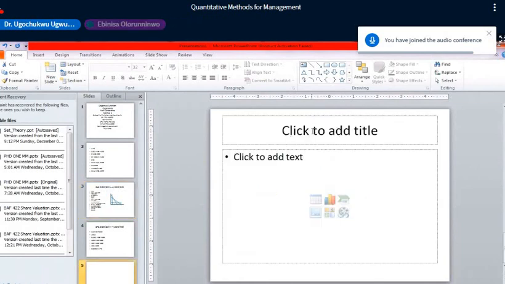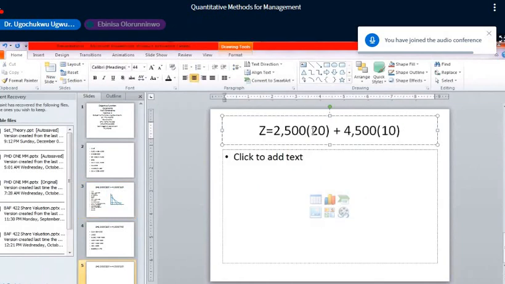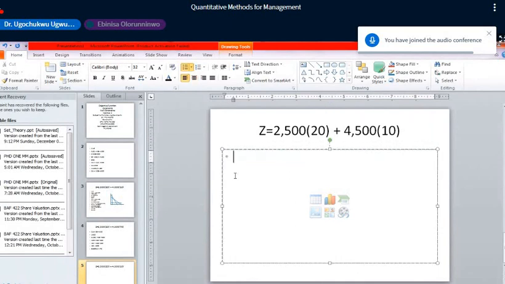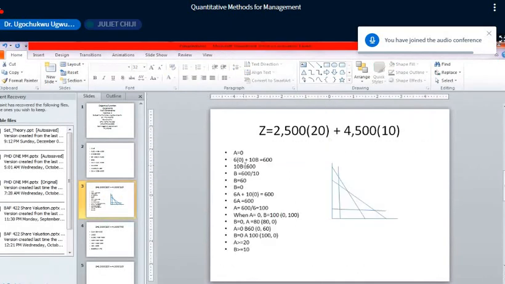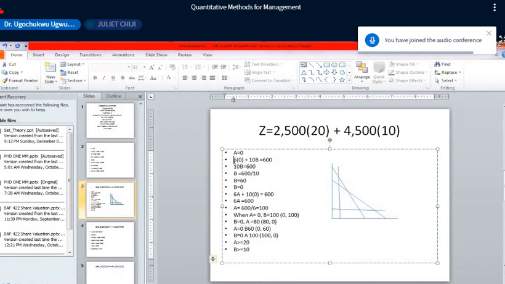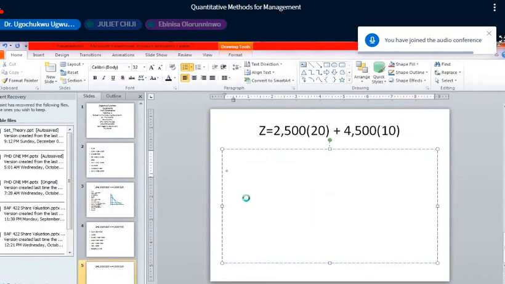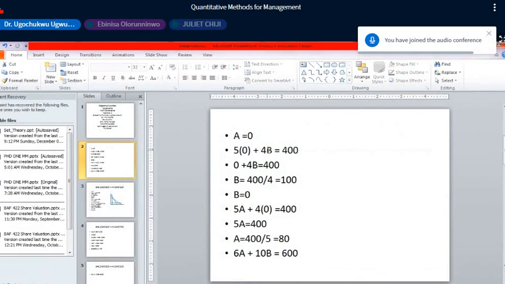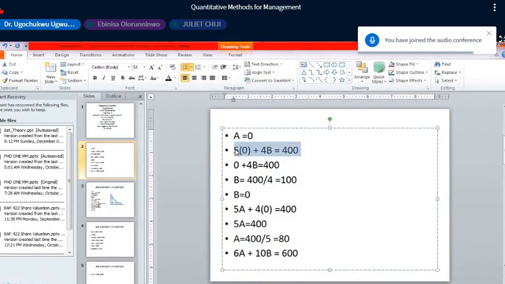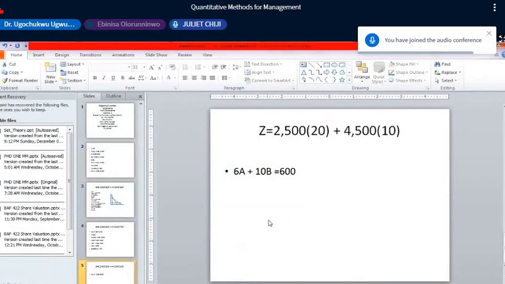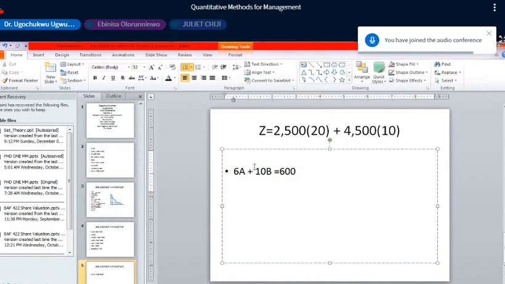Let me put this long equation here: 6a plus 10b is equal to this, and 5a plus 4b.